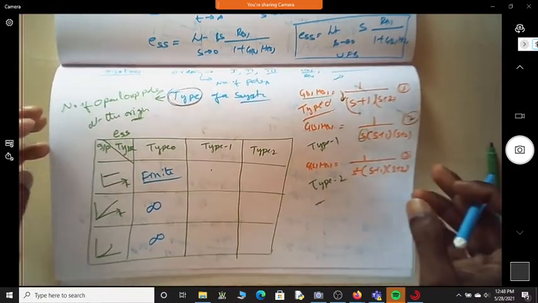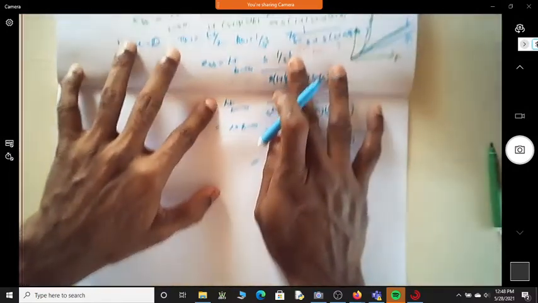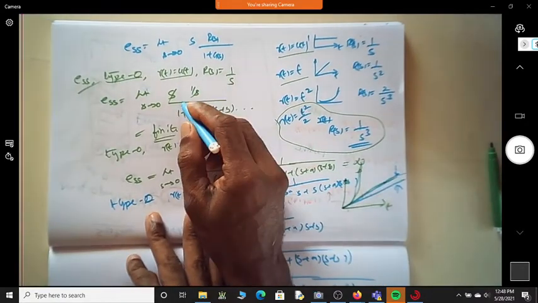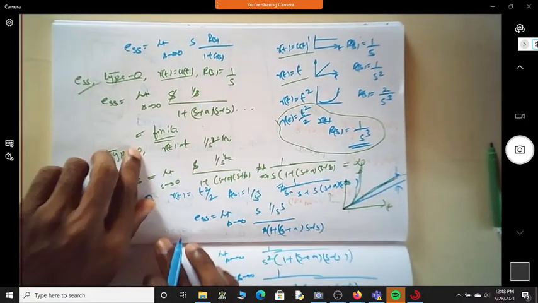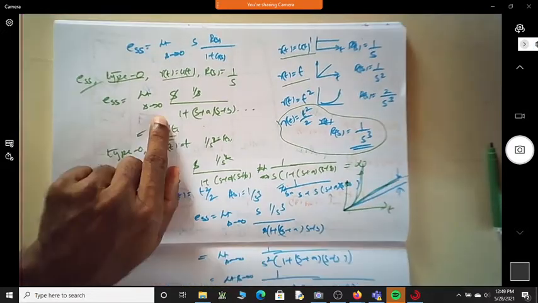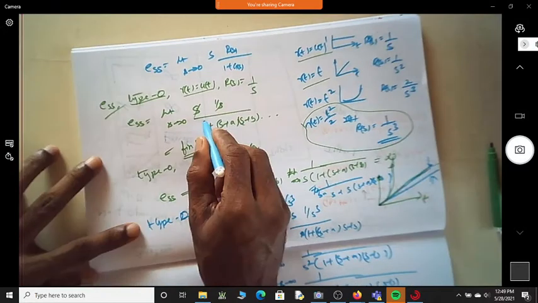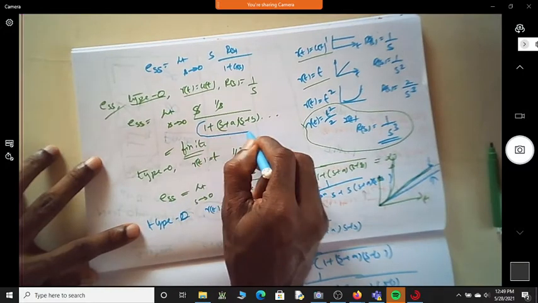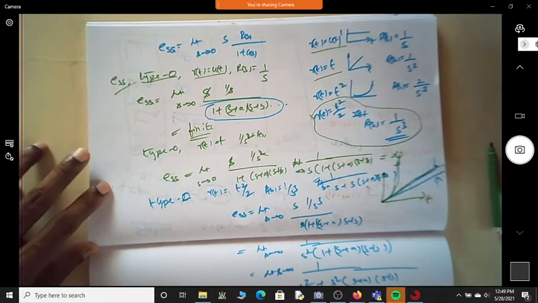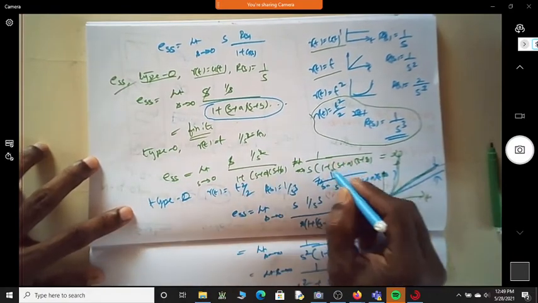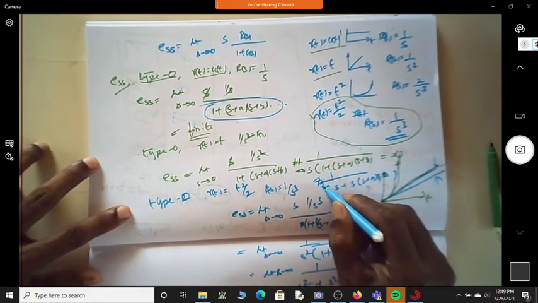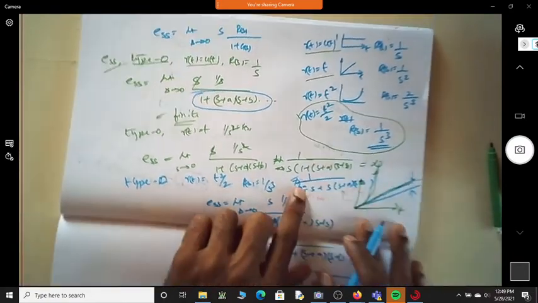If you can just carefully look at these three things, see here, what did we do here? When we applied this limit of s tending to 0, since this s and s just go out, is the limit applied only to the denominator? Yes, sir. Because there is nothing in the numerator. When you apply the limit tending to 0, does this become 0?